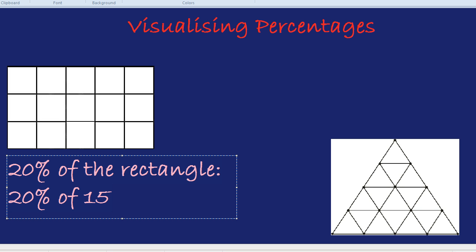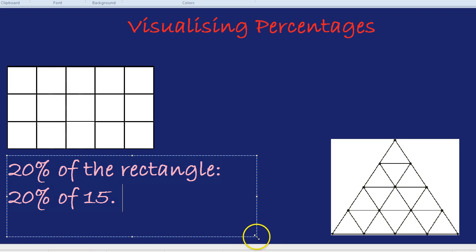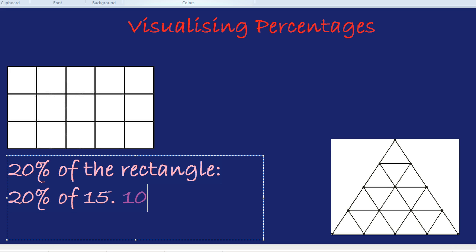One good way of finding 20% of 15 is to find 10%, and once we've found 10% of 15, we could double it to find 20%. 10% of 15, all we have to do is move the decimal place 1 to the left because we're dividing by 10.